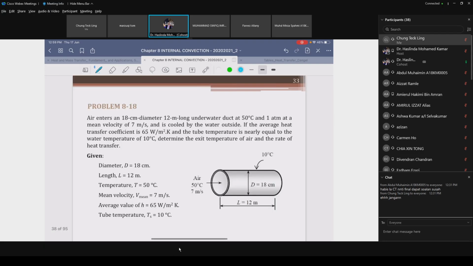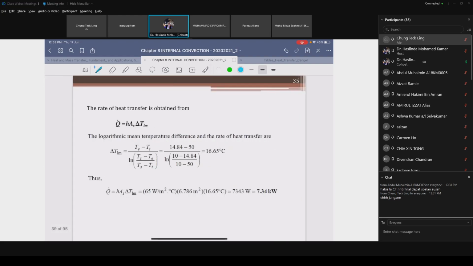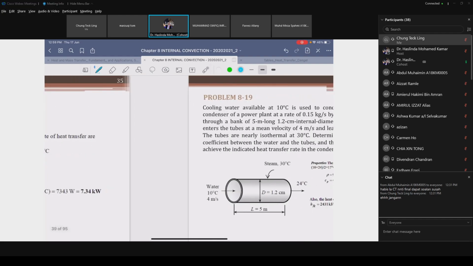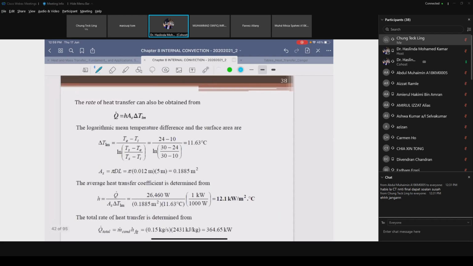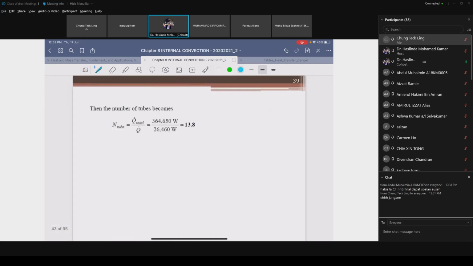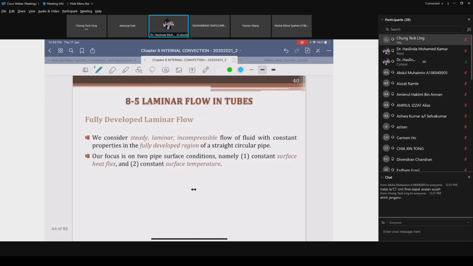Because at the back there is more to stress out your understanding. So many of them. If you still don't understand, I don't know. Any other question? On Monday, this is the important part: laminar flow in tubes, which is rather complex. I'm worried. If you allow me to lecture for 1.5 hours, I'll be glad.